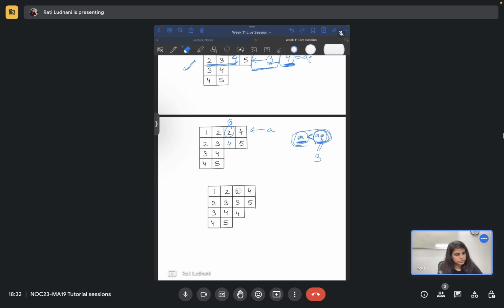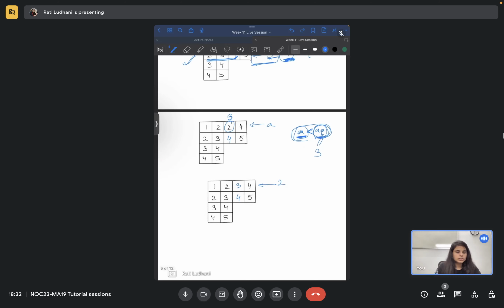So again this is 4. I'm saying you must have inserted 2. So think about it. When you insert 2, you will replace 3 by 2 when you insert 2 as a.